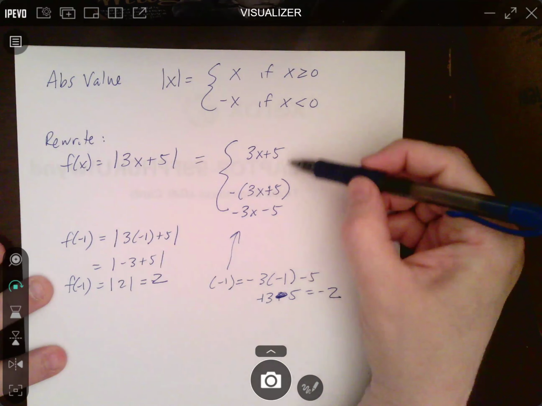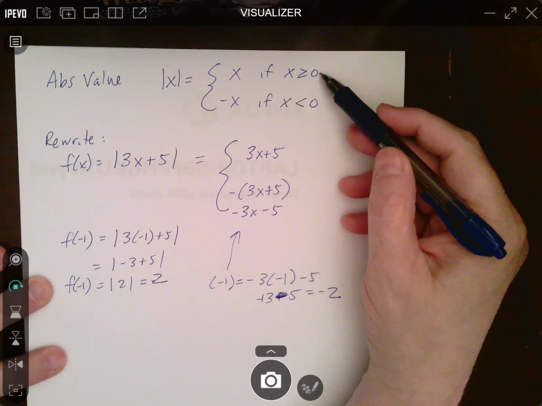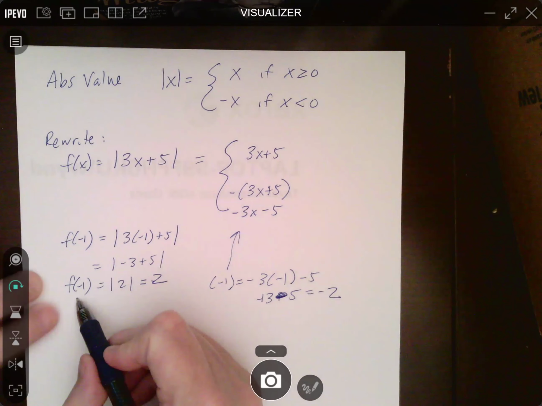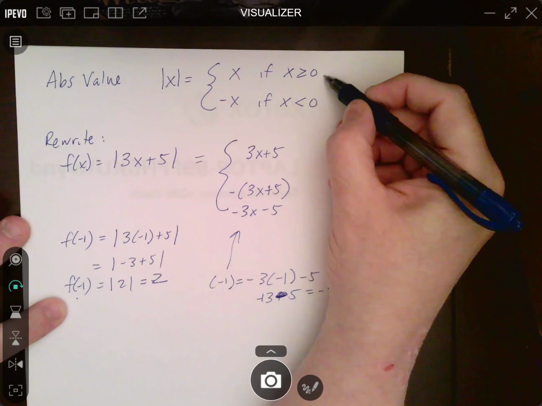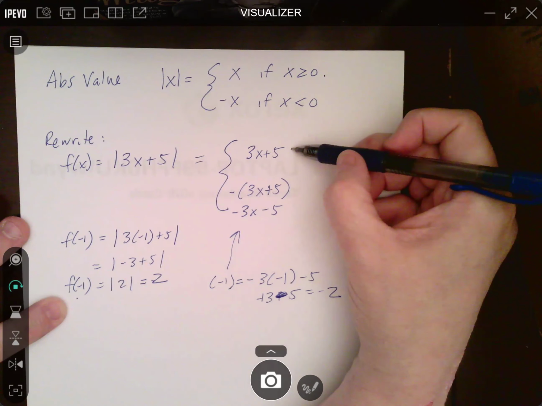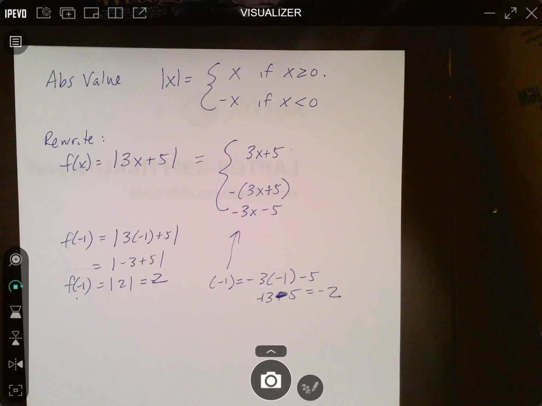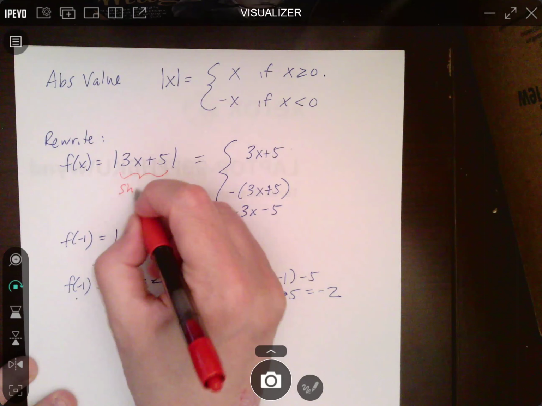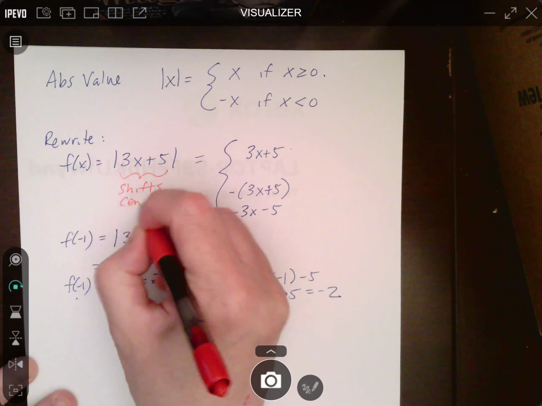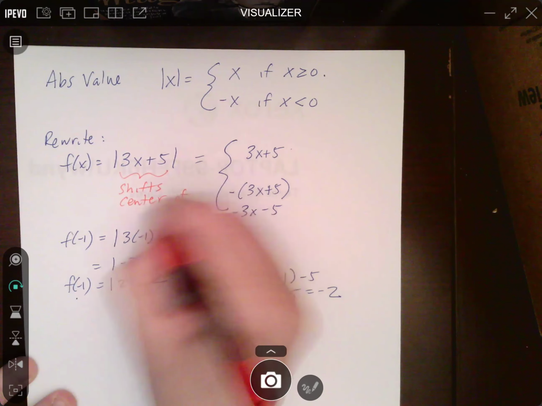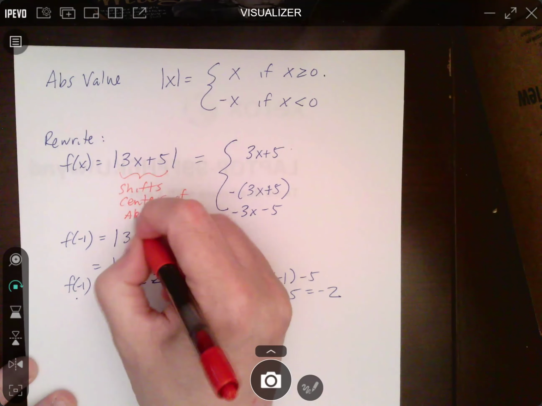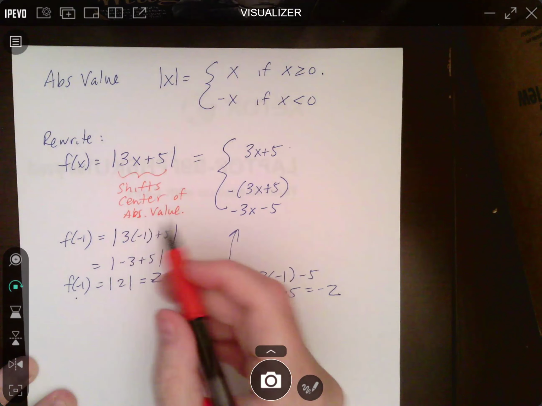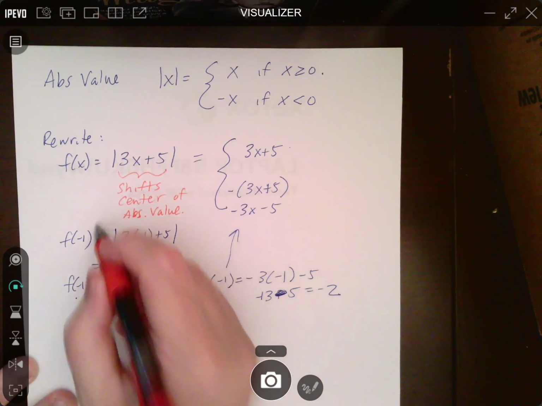This clearly goes up here, but that's x is greater than 0. So that looks confusing because -1 is not in x is greater than 0, but our answer is lining up with this. The reason why is this shifts the center of the absolute value graph. So what we want to do is set this equal to 0.